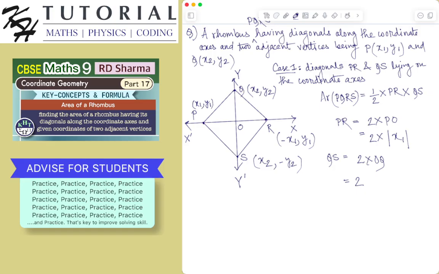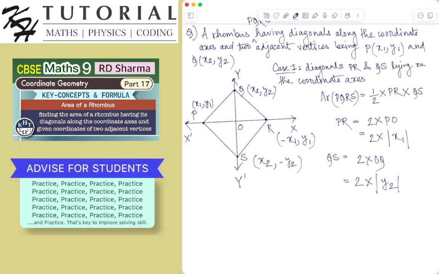So obviously its distance will be the modulus of the ordinate of the point Q, that is modulus of y2.